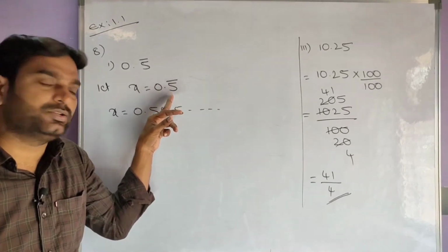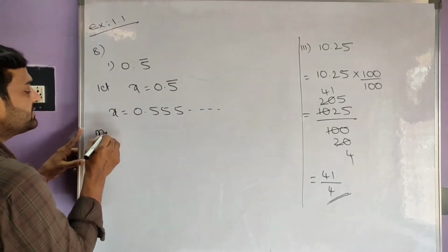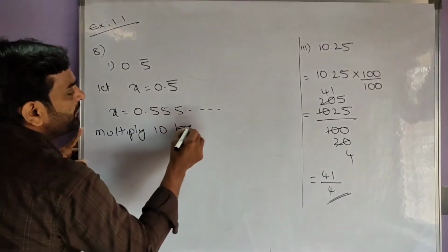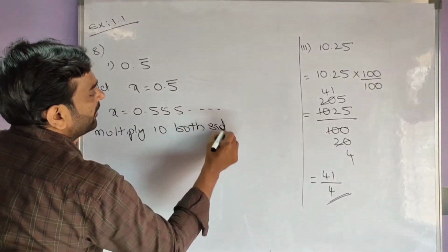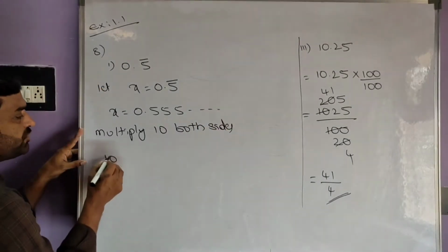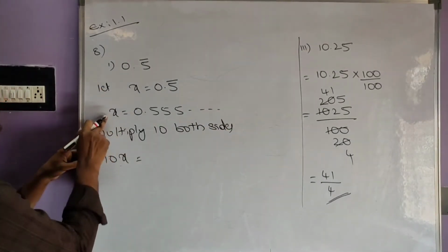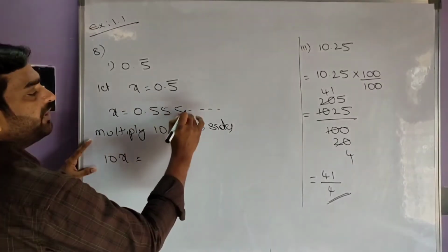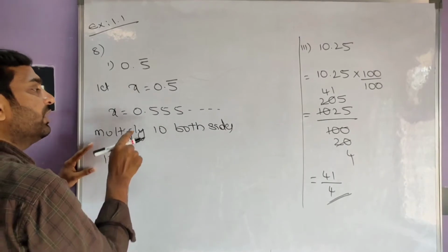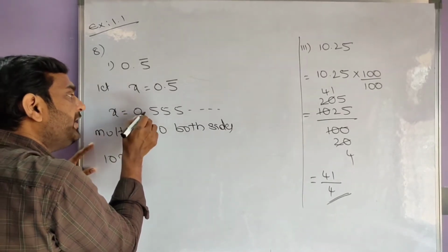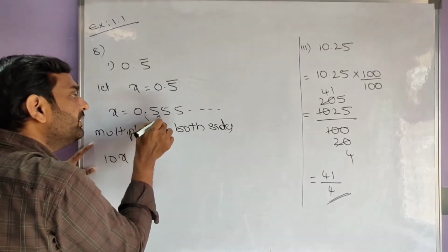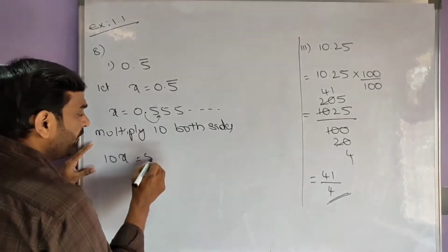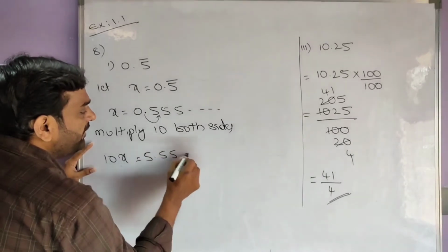So multiply with 10 both sides. 10 into x equal to 10x. 10 into 0.55555 and so on. If you multiply with 10, the point moves one step forward, one digit forward. So here it becomes 5.555 and so on.